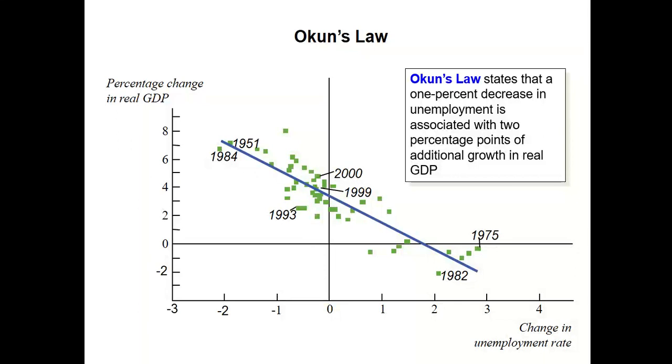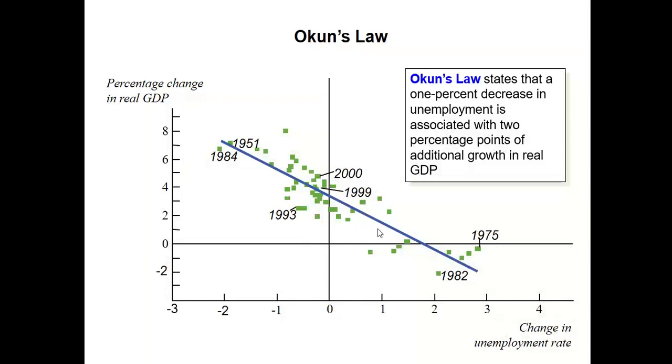It means that if there is a 1% decrease in the unemployment rate, there is a 2 percentage point increase in the percentage change in real GDP, which shows the negative relationship between both the variables, that is, percentage change in real GDP and change in unemployment rate.